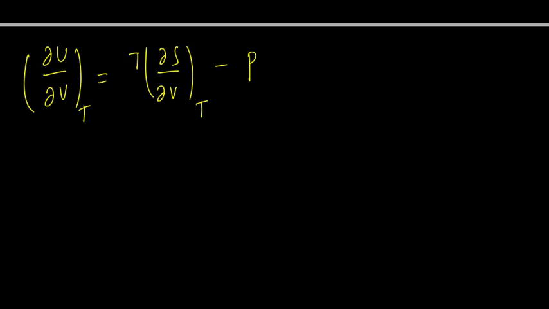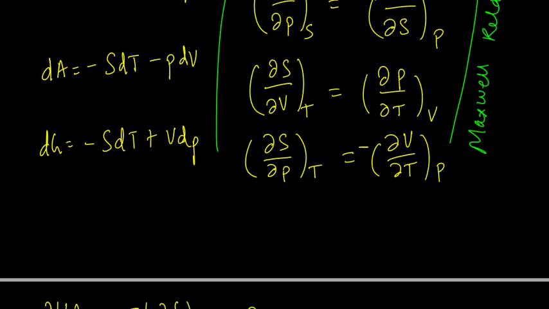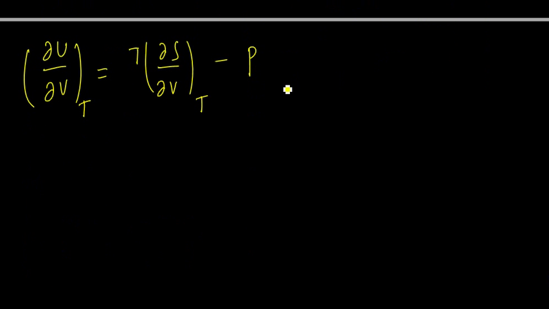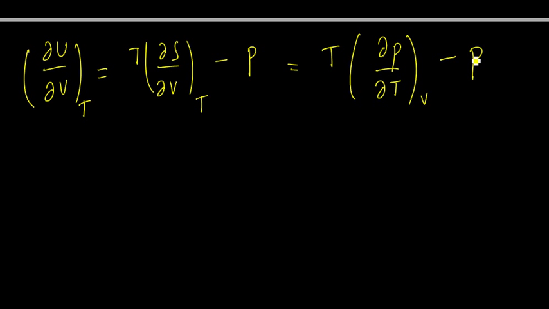Then look up the Maxwell equation for del S by del V at constant temperature, the third one, which is equal to del P by del T at constant volume. So what I get is the identity that I have given you.